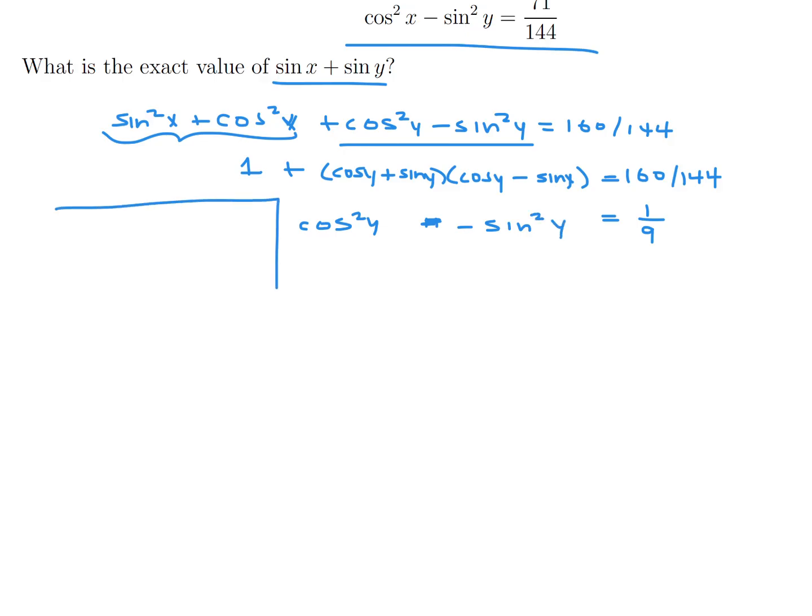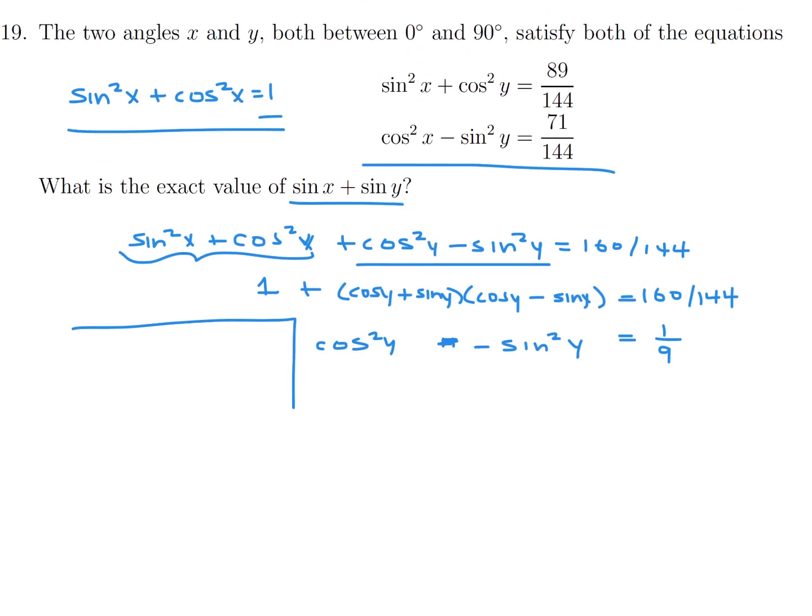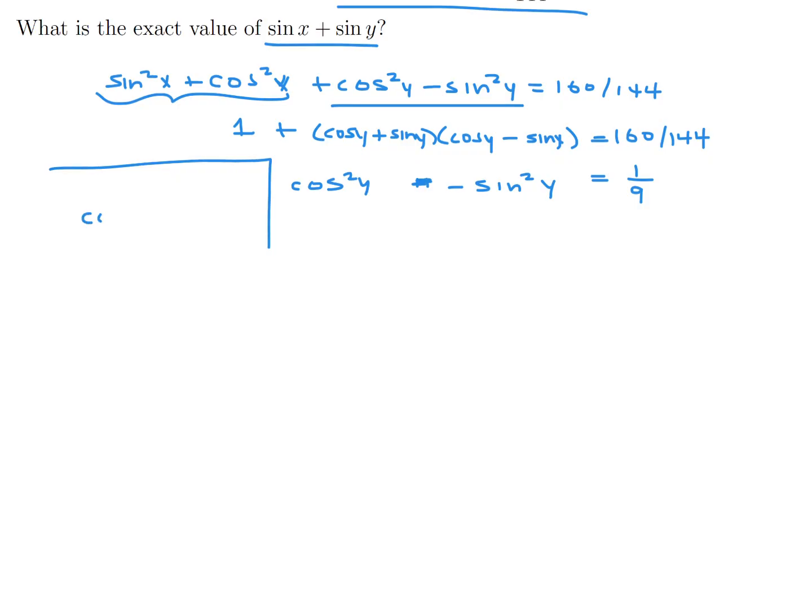All right, so let me go back to that famous identity. And cos squared y would therefore be 1 minus sine squared y. Okay, that's really good, and I can substitute that in. 1 minus sine squared y minus sine squared y. Oh, that's really good, because now I have just one variable. So this will be 2 sine squared y, 1 minus 1, 8 over 9.